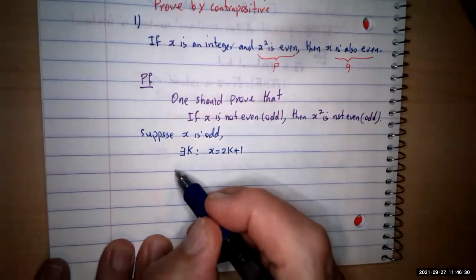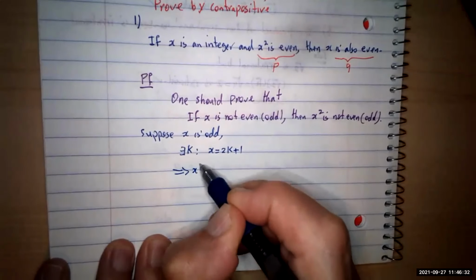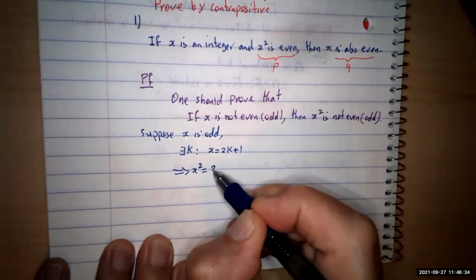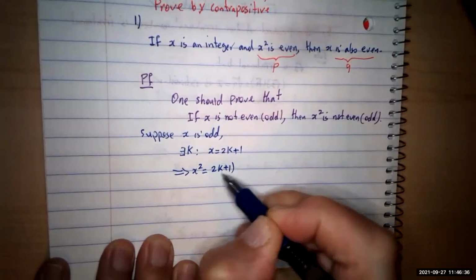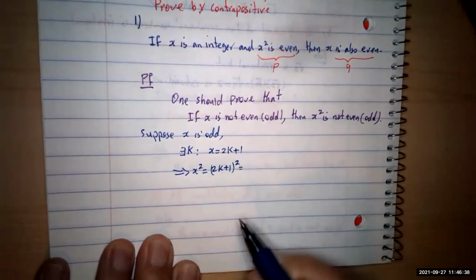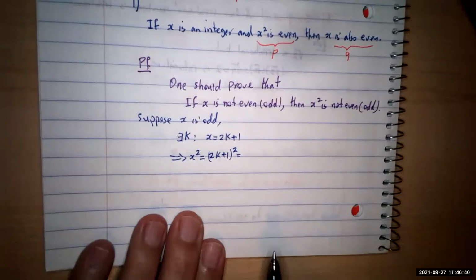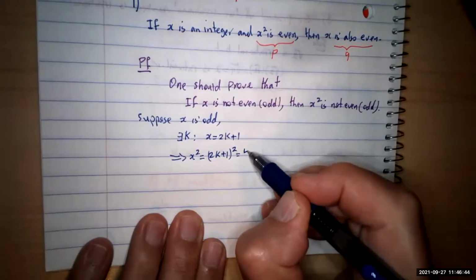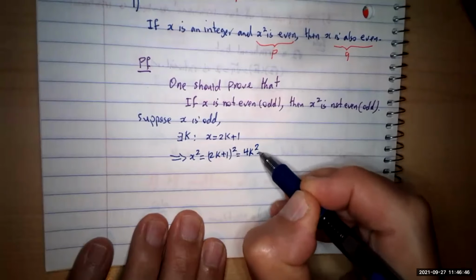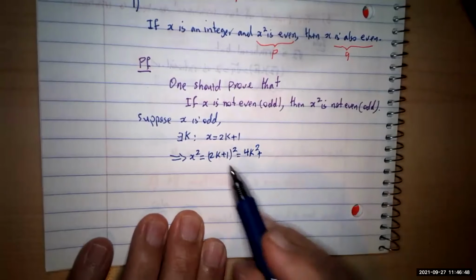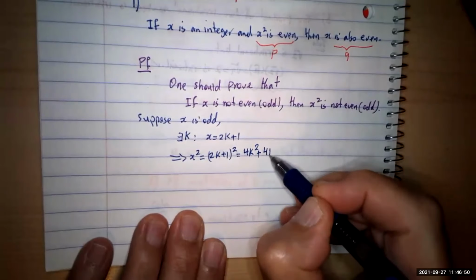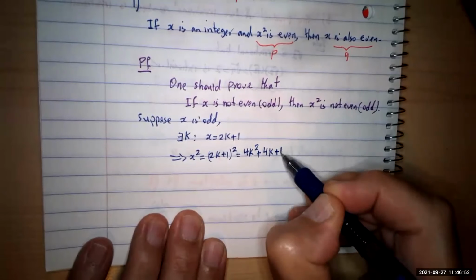So x squared would be (2k plus 1) all squared. You can FOIL it for the square of the binomial: the square of the first one, which is 4k squared, twice the first times the second, 2 times 2, 4k, plus 1.